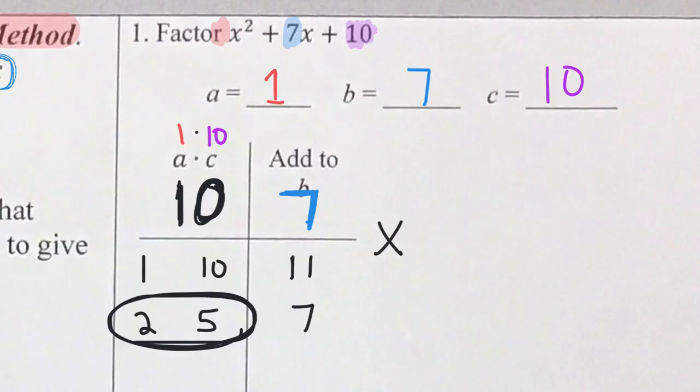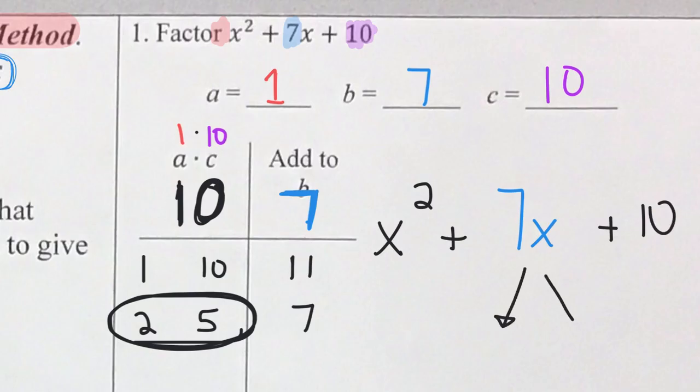The procedure says we're going to take our 7x, which we had here before, and we're going to replace that with these 2 factors. We're going to change this into 2x plus 5x. Is 2x plus 5x 7x? It sure is.